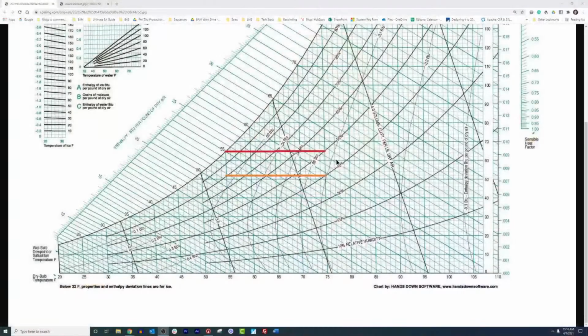Because remember, and I'm going to transition us back here. Remember that enthalpy is the BTUs per pound of dry air, but it directly correlates, if we look at it, with dew point. And then as we go across, we see that dew point is directly correlating with the amount of moisture that is in the air and the air's capacity to hold moisture.